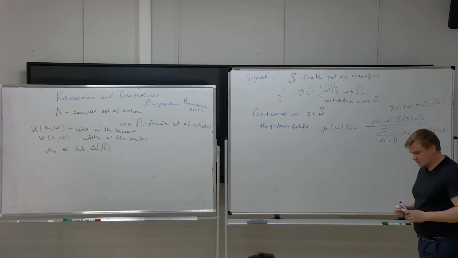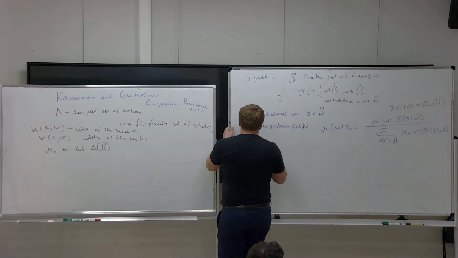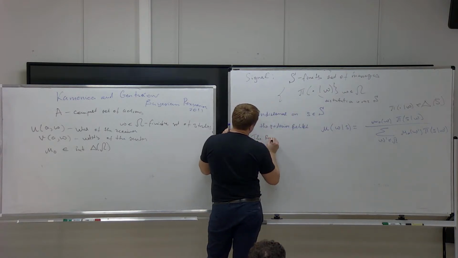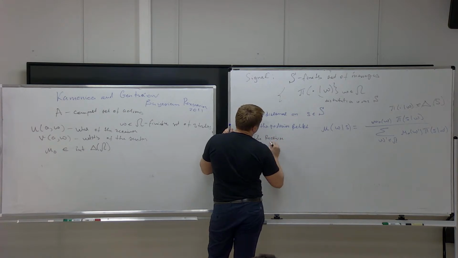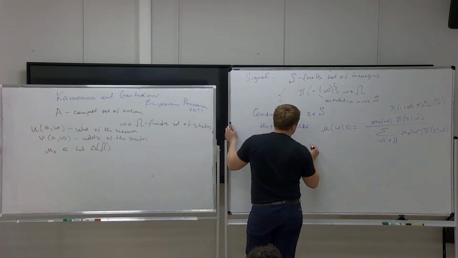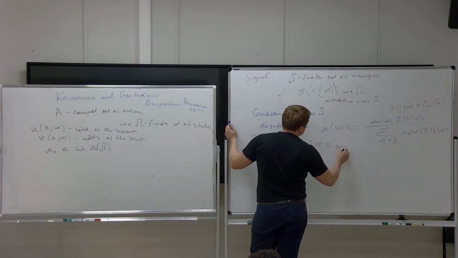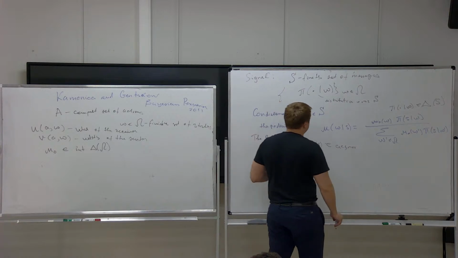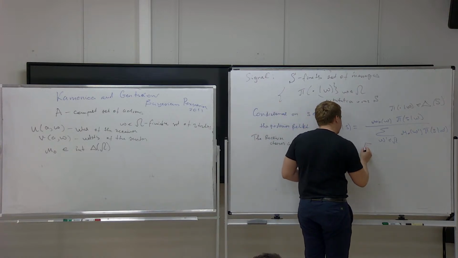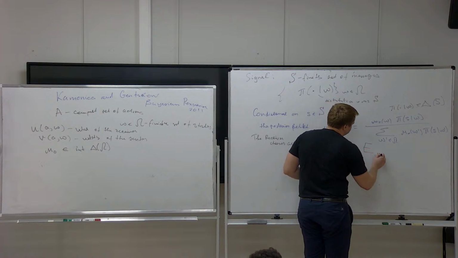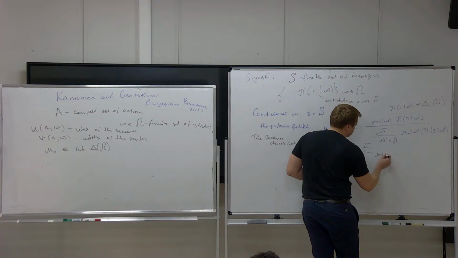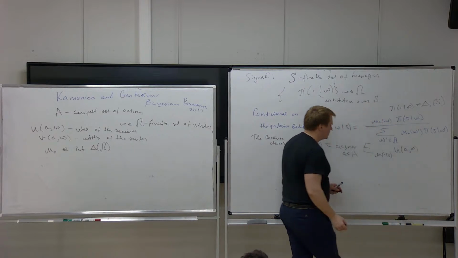So now the receiver chooses the action A hat of S, which is an argmax of the expectation with respect to the measure, right?